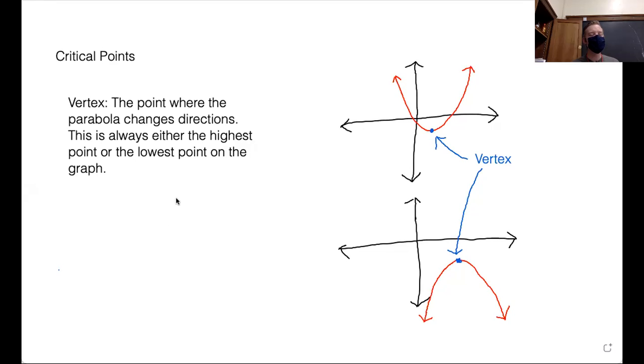Now with the vertex, one of the things that we have to do is we have to say whether this vertex is a minimum or a maximum, meaning it is either going to be the highest point on the graph and be considered a maximum, or it's the lowest point on the graph and considered a minimum.